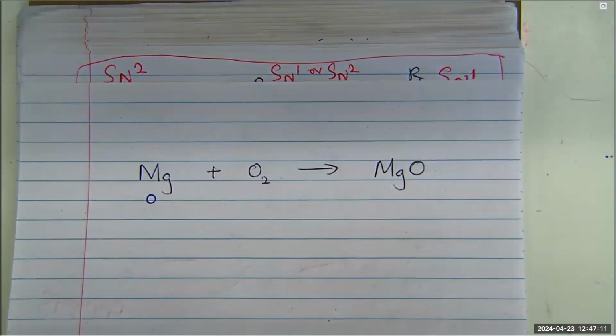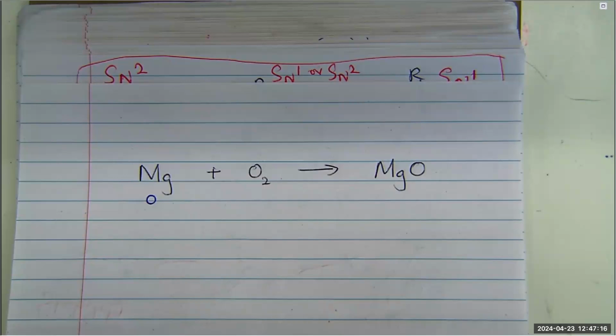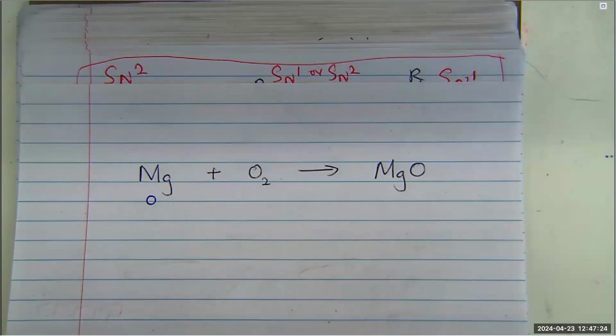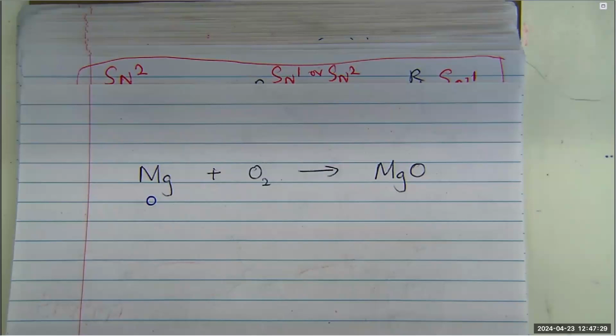Now, the same exercise, but this time on the product side. What is the charge of magnesium on the product side? Can I see a whiteboard, everybody?